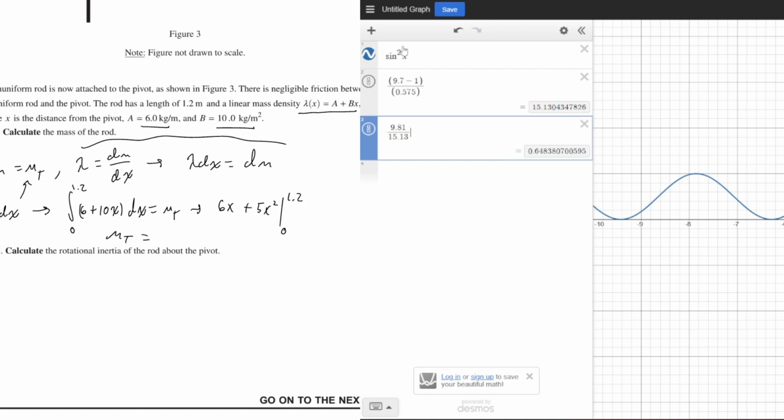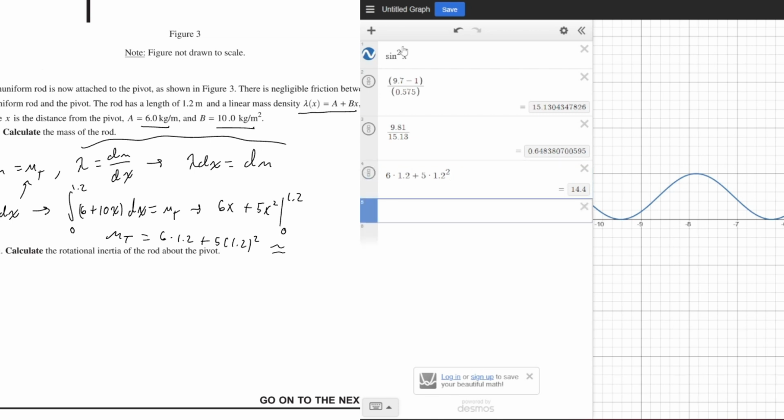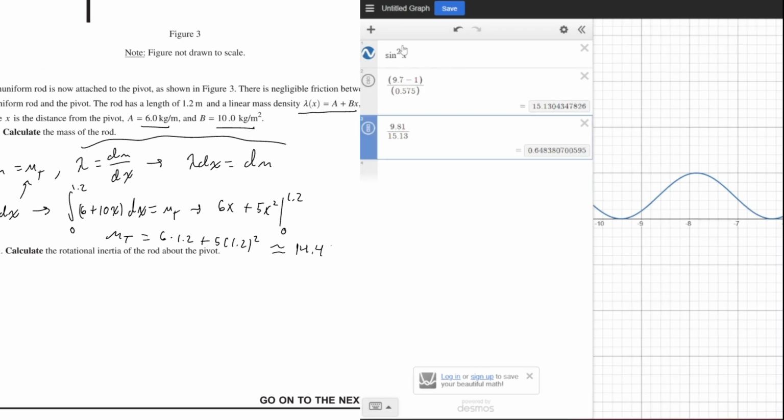If you plug in 0, that will give you 0. So m total is 6 times 1.2 plus 5 times 1.2 squared. They want to see the limits of integration and you fully integrating. I think you could use a calculator just to verify your answer, but still integrate. That is equal to 14.4 kilograms.